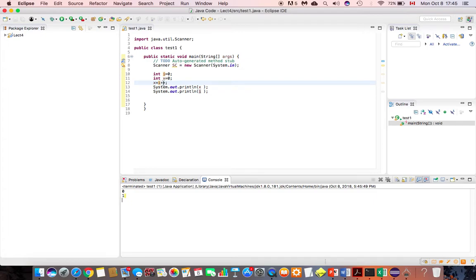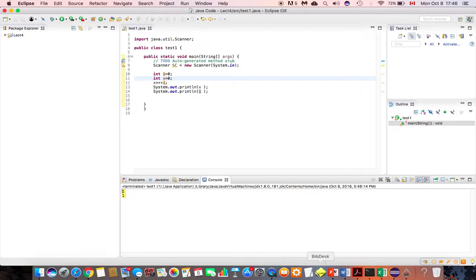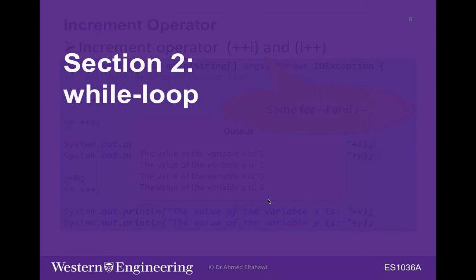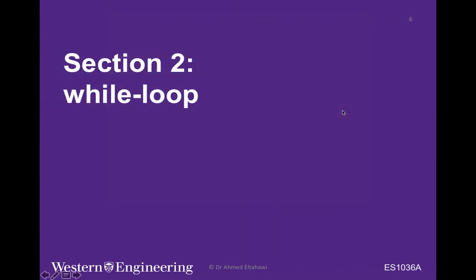That's because I put the value of I inside x, then increment I. But if I write plus plus I, that means increment I, and the incremented value goes into x, so both should be updated. The same applies for minus minus I and I minus minus.